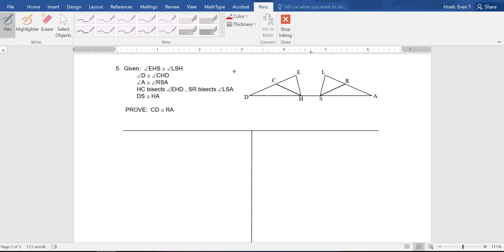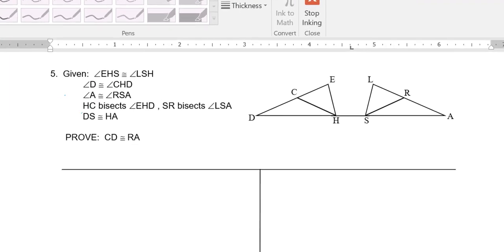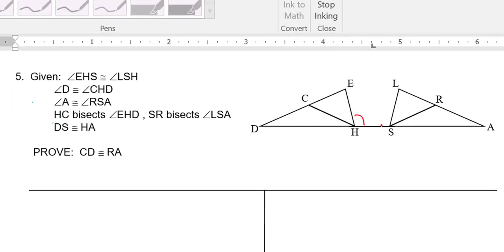There's a lot of given information, which does make this a lot more complicated, and so you have to kind of work forwards and backwards and map this whole thing out and then go ahead and write the proof. So it starts out with saying this is congruent to this, and because of that, I know that by subsets congruent angles, these two are congruent to each other.